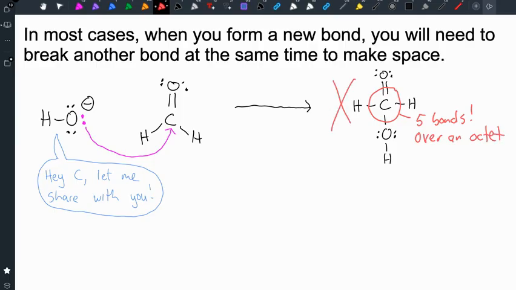So that cannot happen. So there's generally going to be a second step where carbon responds, all right, hey, oxygen, I would love to share with you, but I need to make some space first.